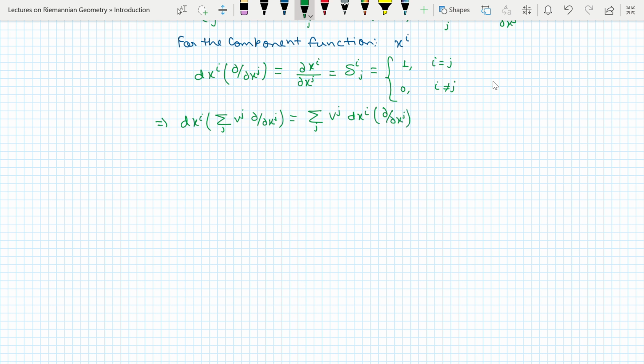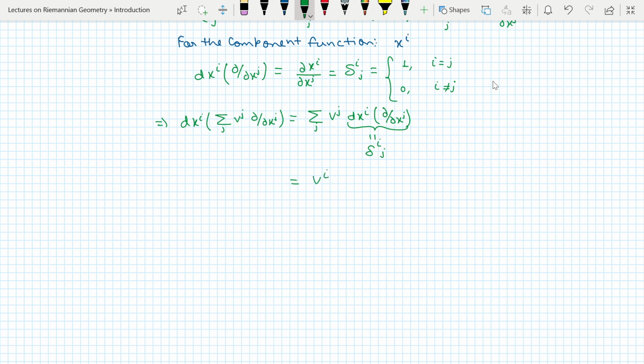Now here, this thing is equal to delta ij. But you see one thing, the sum runs over j. For all the values of j which are not equal to i, this is going to be 0. That doesn't matter. The only value that matters is j equals i.